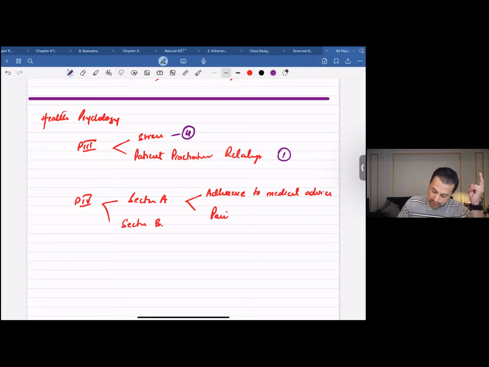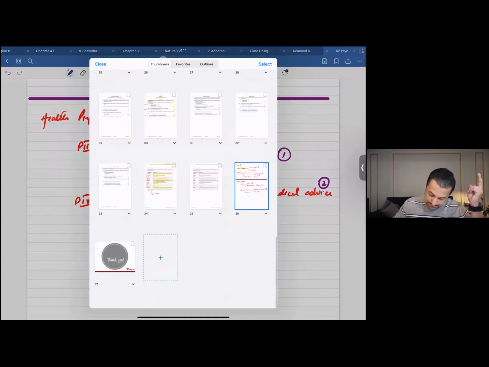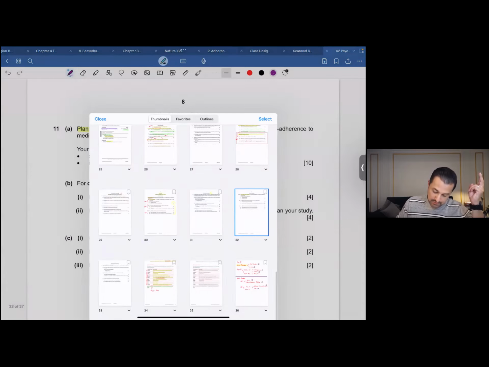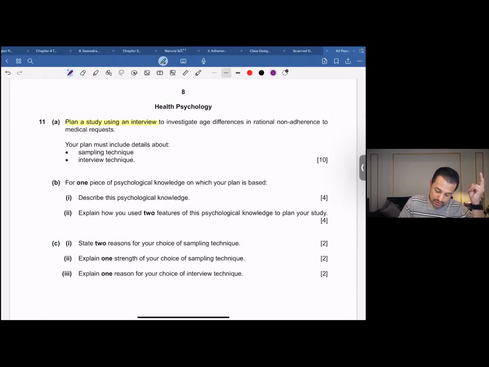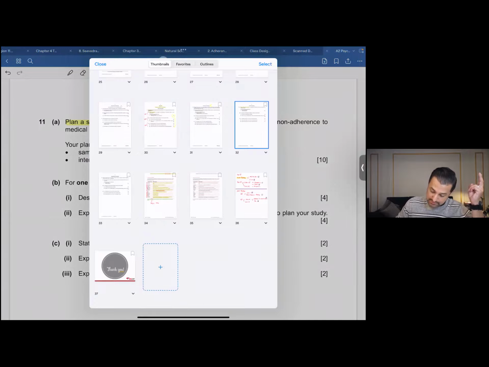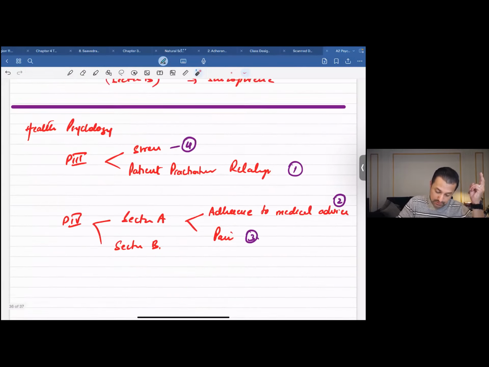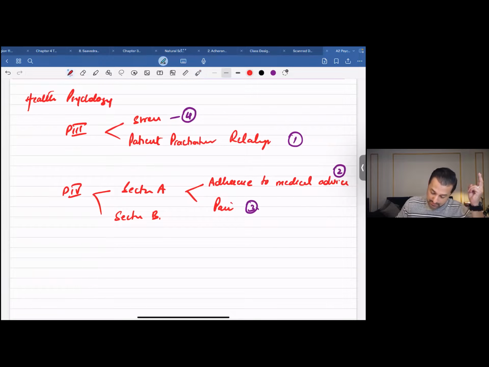So this is unit number 2, and this is unit number 3. Now the last question: plan a study to investigate non-adherence to medical requests. This is again from the unit adherence to medical advice, which happens to be unit number 2.